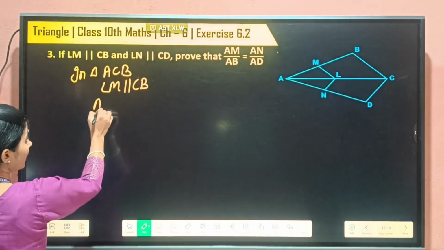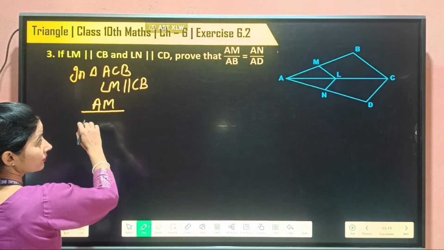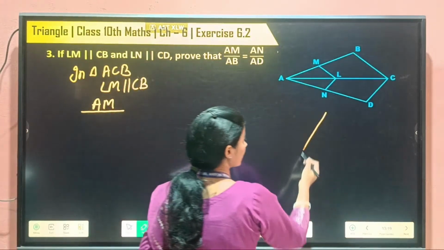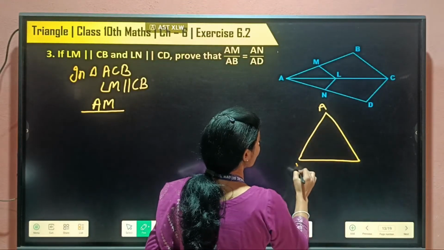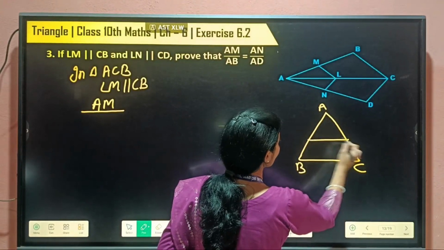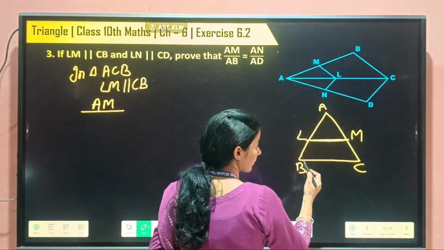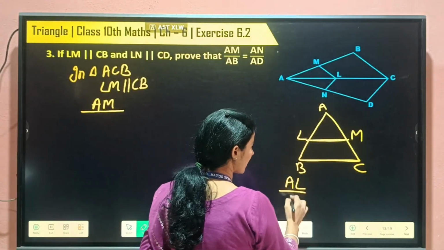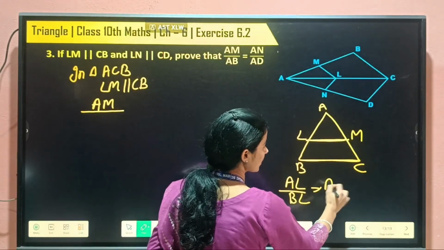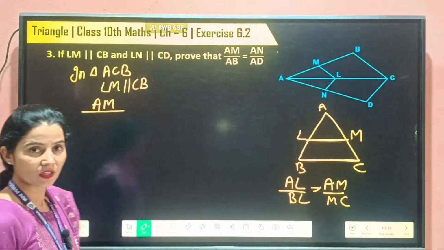Then I can write AM by, again see, you can check. This is A, B, C, and this is L, and this is M. This LM is parallel to BC. Then you can write AL by LB equals AM by MC. Corresponding sides ratio you can write equal.